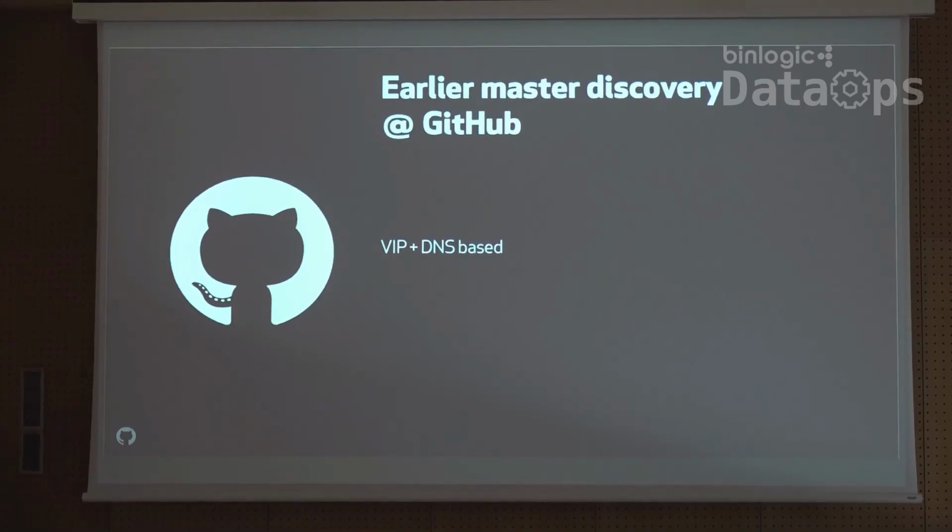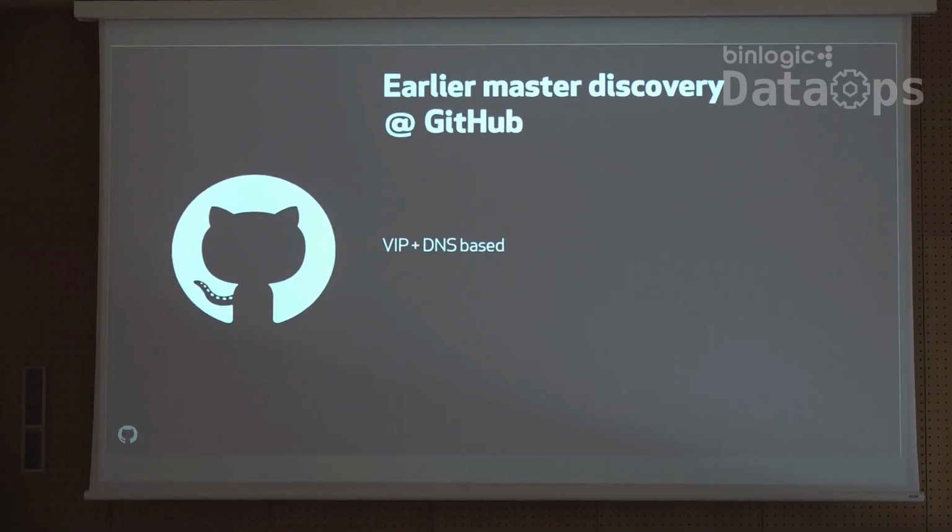Now, I want to discuss how the master discovery part was implemented at GitHub until fairly recently, and what kind of problems we saw with that. Until recently, the way we would advertise the identity of the master to the clients was based on VIP and DNS.